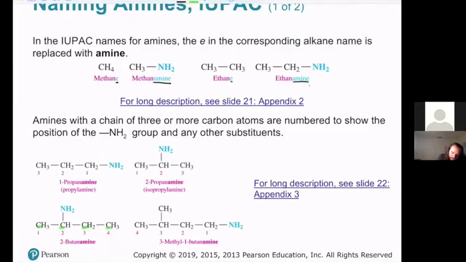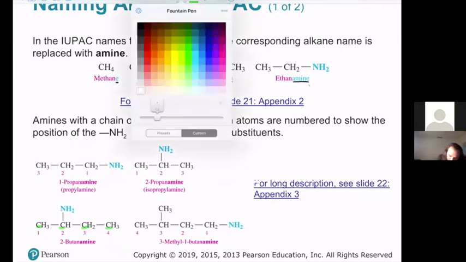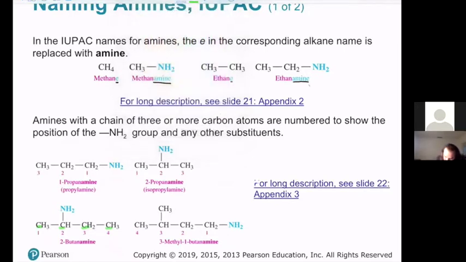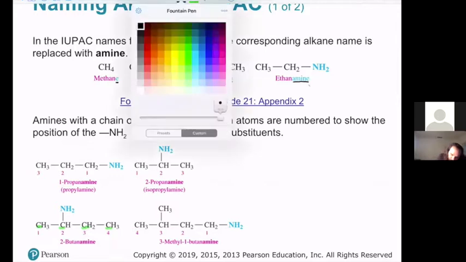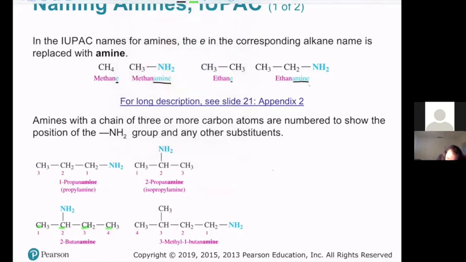All right, and just to hammer home what I'm trying to say here, let's do another example. Let's go ahead and name this one together here.